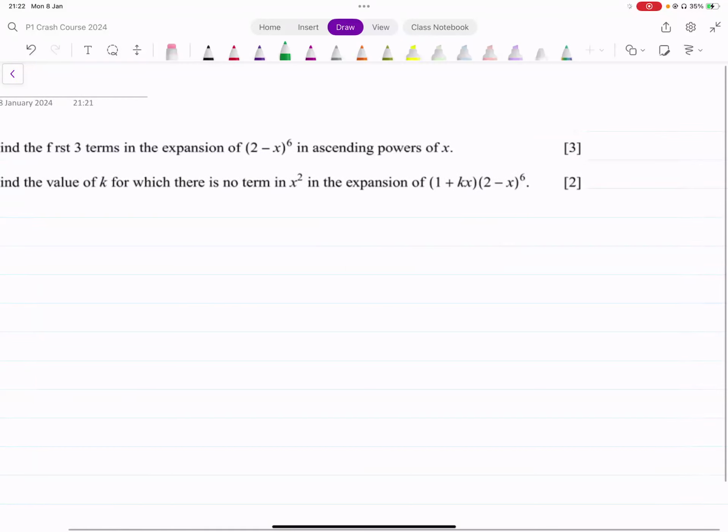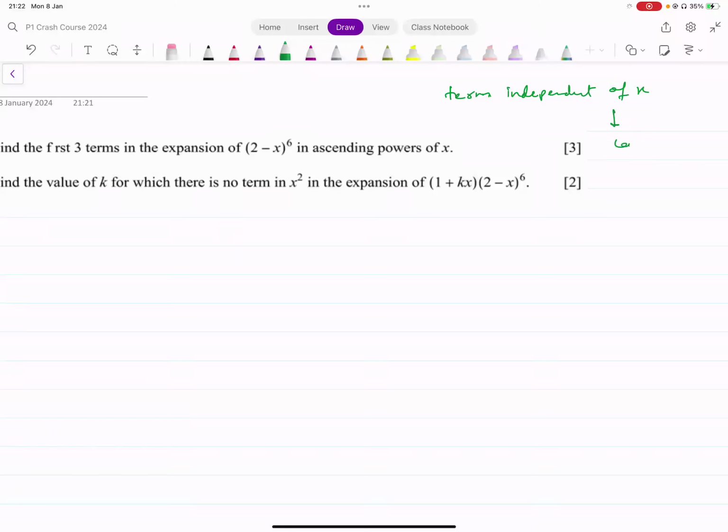Achha, by the way, sometimes you'll see in questions, when you attempt questions, they will say the term independent of x. Okay, we'll do such questions tomorrow, inshallah. What that means is the term that does not have any x in it. So basically a constant, maybe 4, any constant, the constant term.